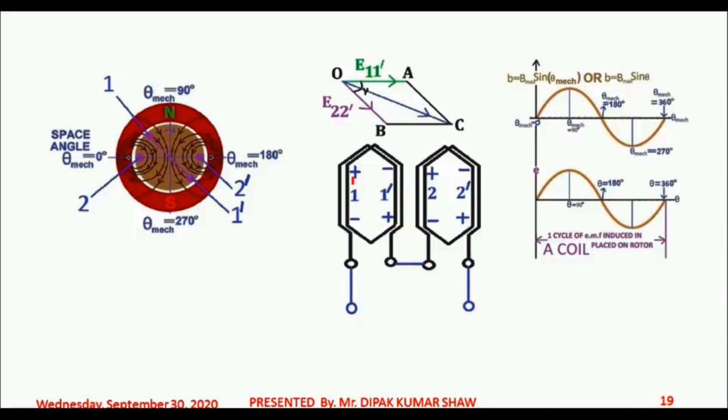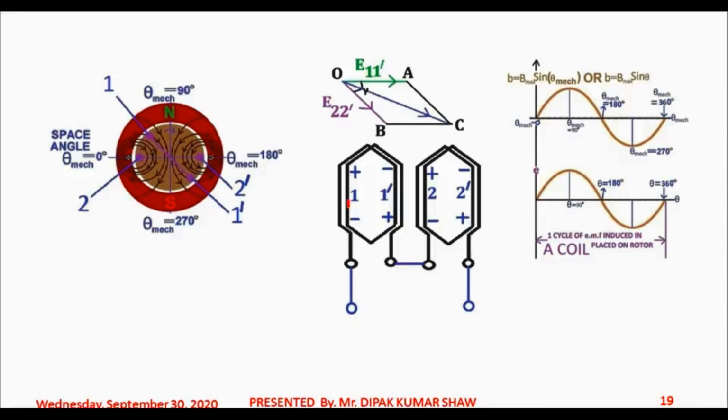What you can find is that this coil can be viewed as a set of conductors. For example, if it is an N turn coil, then N number of conductors are on this coil side, and you have N number of conductors on this coil side. What is the value of EMF induced for these N conductors? It's given by N into BLV, where BLV is the EMF induced in each conductor.